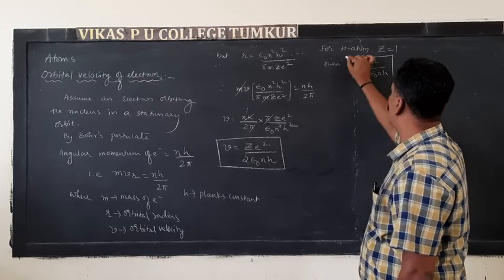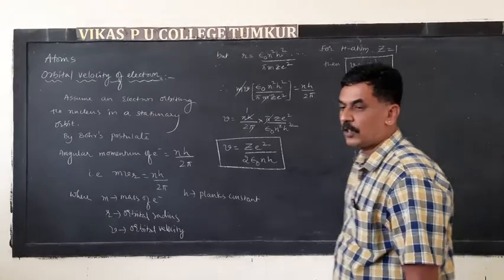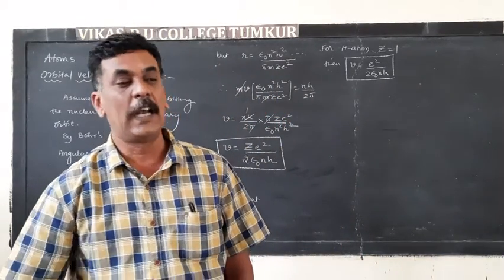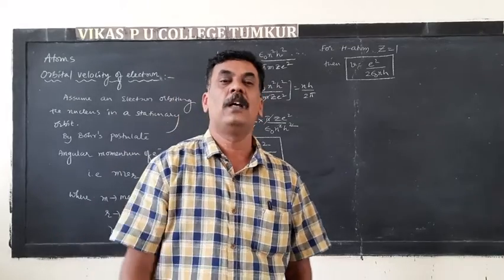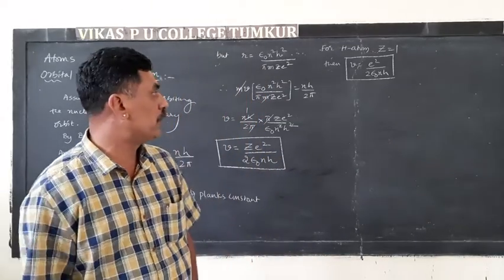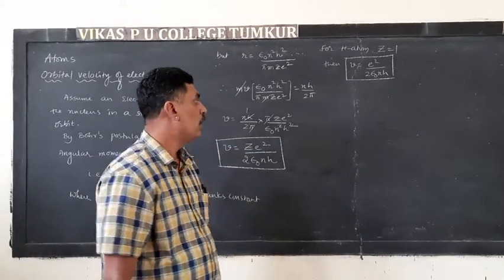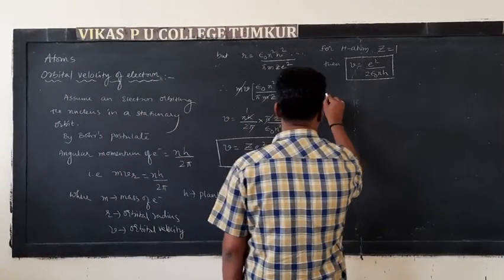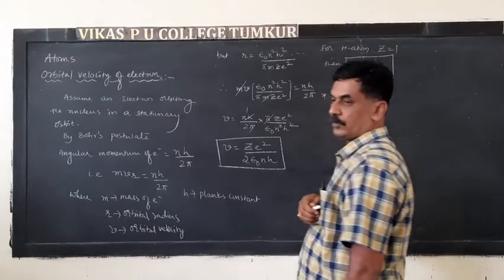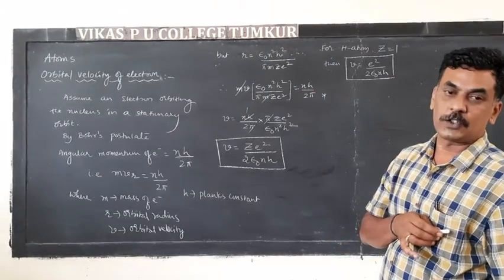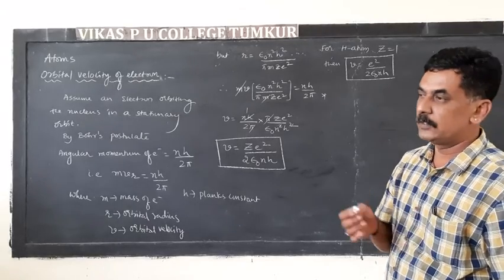This is the orbital velocity for the electron in Bohr's orbit of hydrogen atom. Underline that, hydrogen. So now you can make some notes, and these notes will be remembered as constants. It is better you have this.